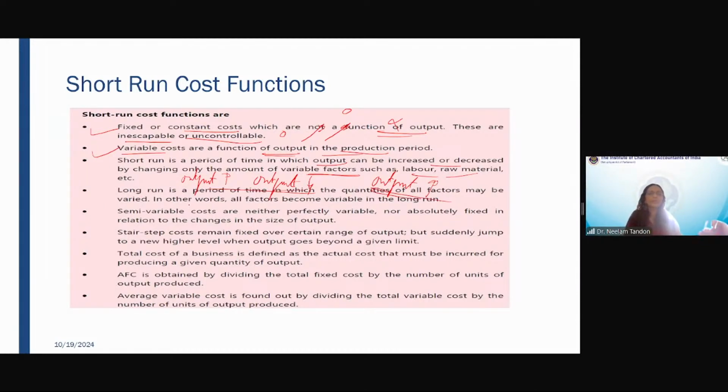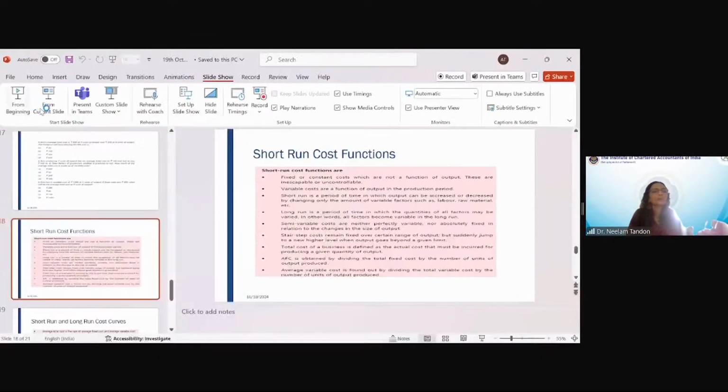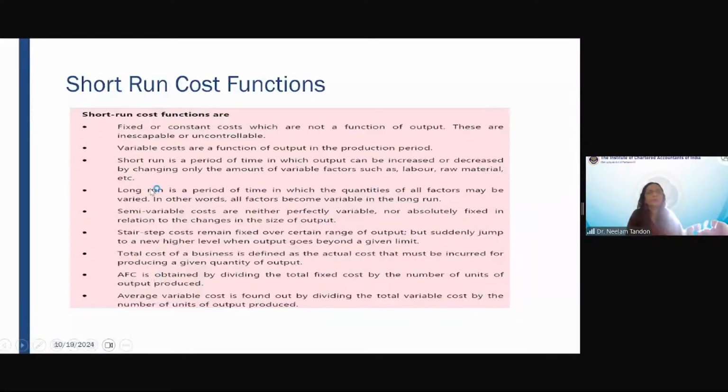Okay, long term is a time period. What is long term? Is long term fixed for all firms? No. Long term varies from firm to firm. What is the parameter of long term? In long term, all the factors are variable.